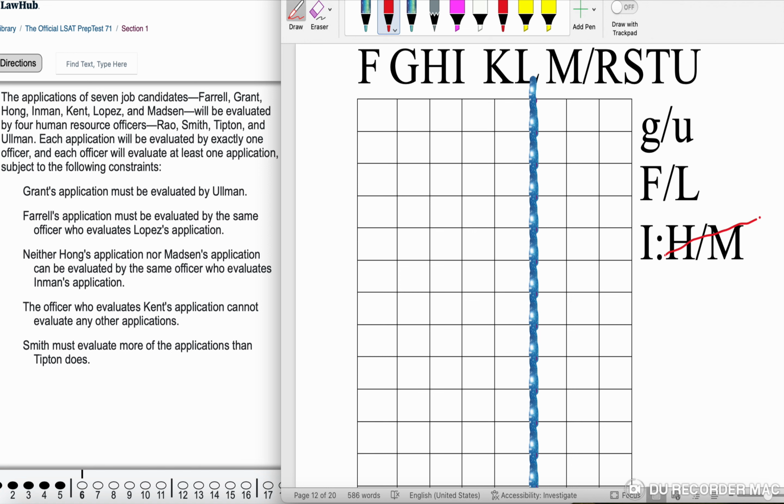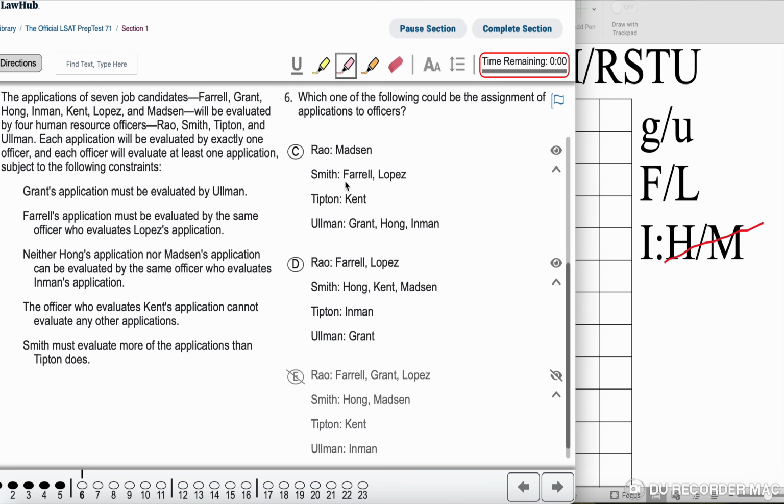When I cross this out, it means that it cannot be considered evaluated. So that's crossed out.